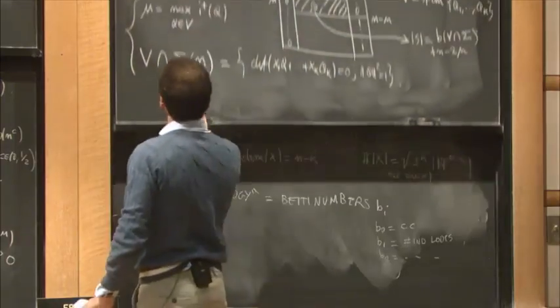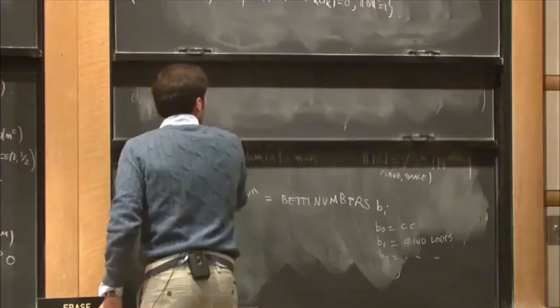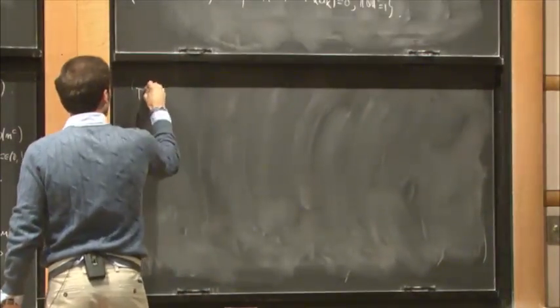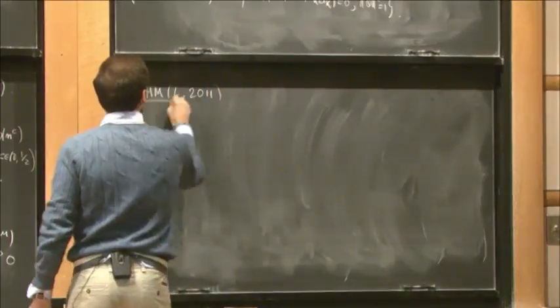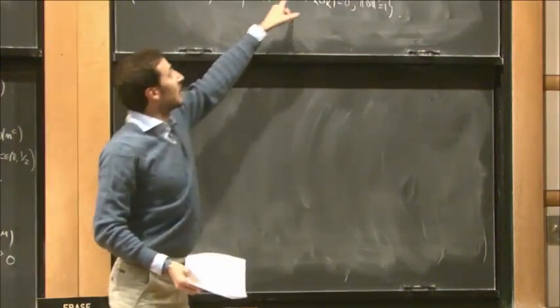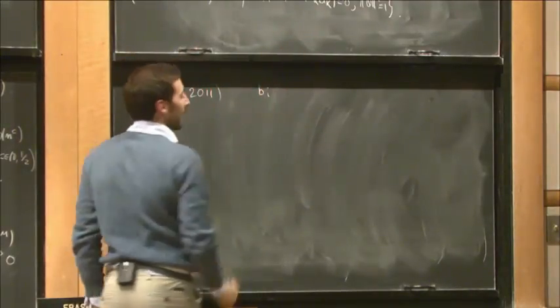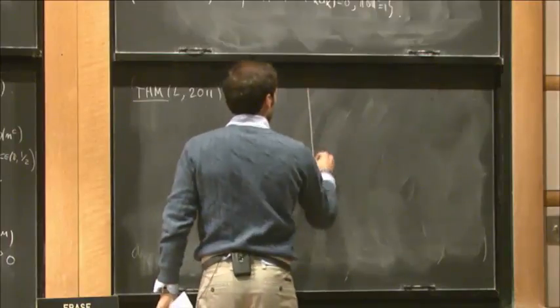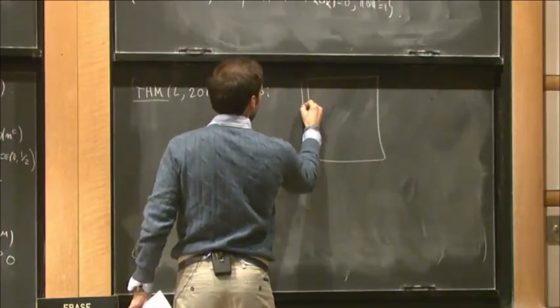And then there's a theorem that says, okay, now how do I read the topology of X out of this table? Well, if I'm interested in the ith Betti number, let me just start from the top and move down by i.